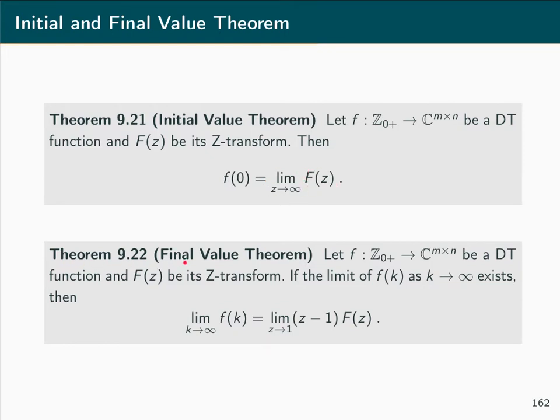And the final value theorem states that if lowercase f is a discrete time function and uppercase F is its z transform, then the limit of f of k as k goes to infinity, if it exists, is given by the limit of z going to 1 of, in brackets, z minus 1 times F of z.